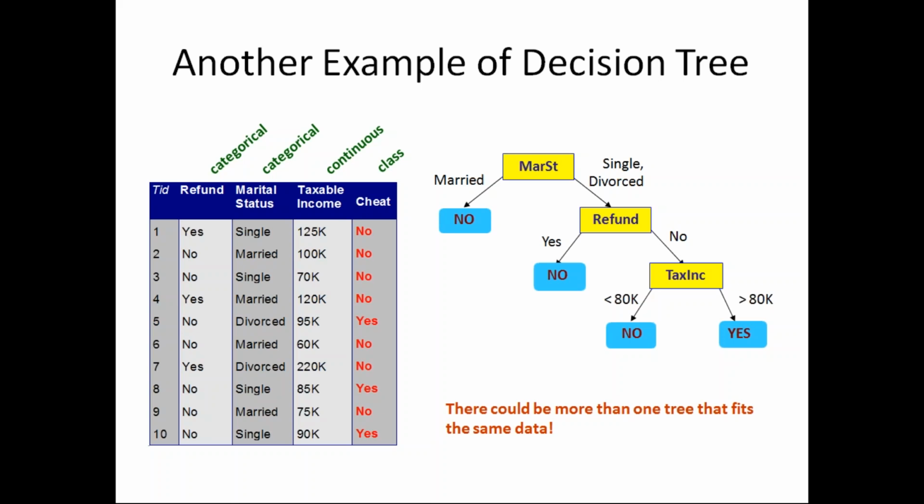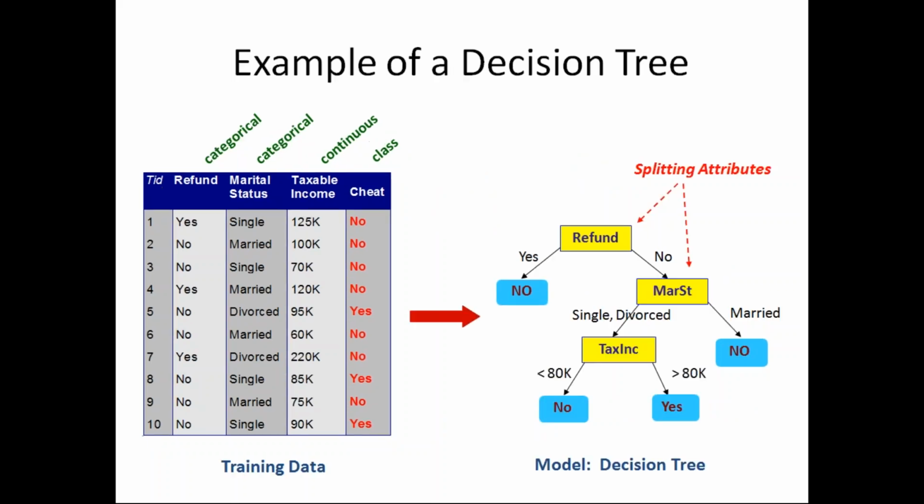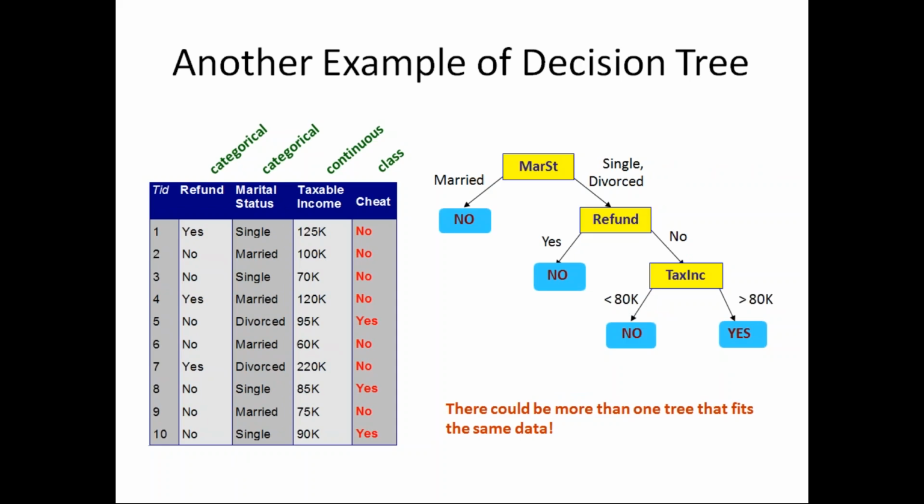Say suppose I told you that this is also a decision tree and this is also a decision tree for the same data. So which decision tree to use? You can have 100 decision trees if you have more features and more data samples.